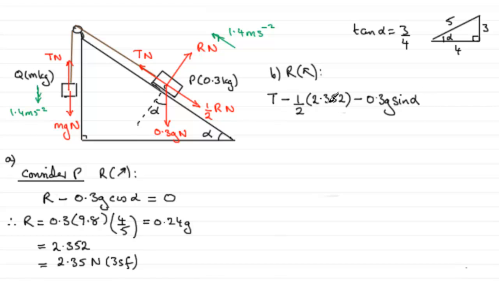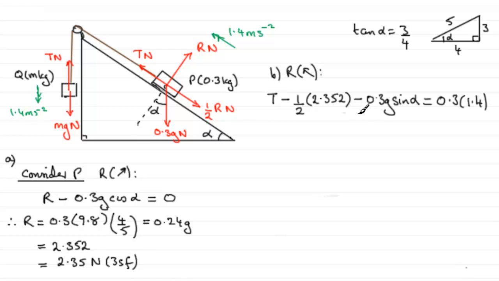So that's our resultant force, and because the particle's not in equilibrium, that resultant force will equal mass times acceleration. The mass is 0.3 kilograms, and the acceleration is 1.4. So that's 0.3 times 1.4.